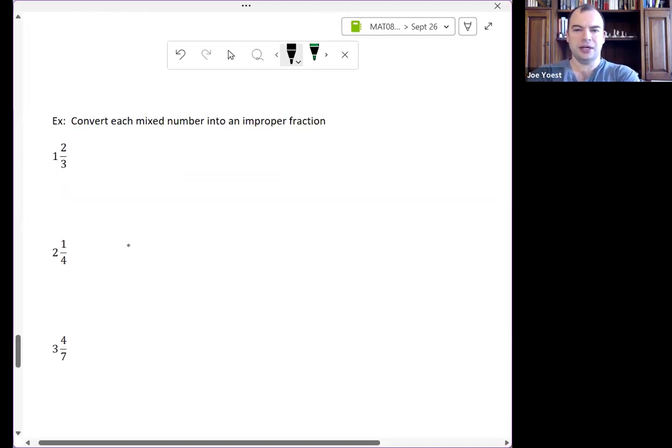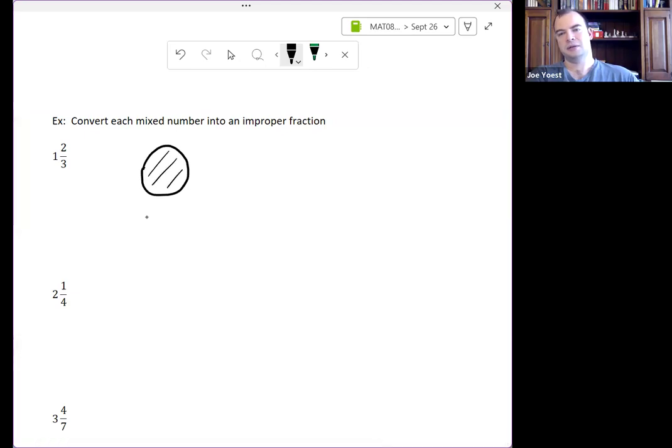Okay, now let's look at going the other direction. If we have a mixed number, can we convert it into a proper fraction? What's the basic idea here? Something like 1 2/3. I have one whole pizza, and then I have 2/3 of a pizza. I'll have a pizza divided into 3 equal sized slices, and I shade in 2 of those.